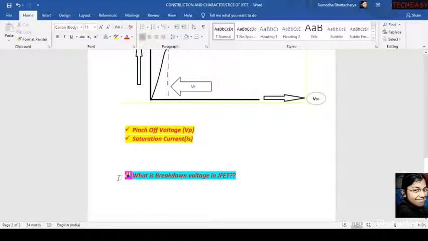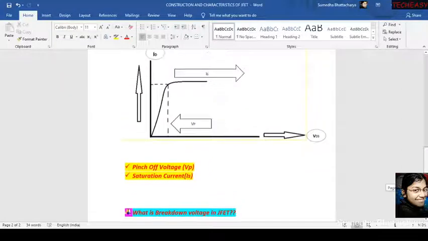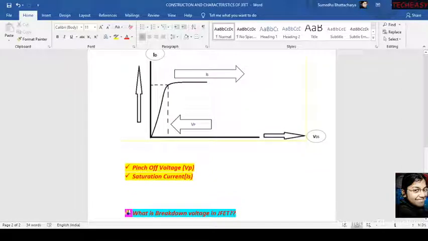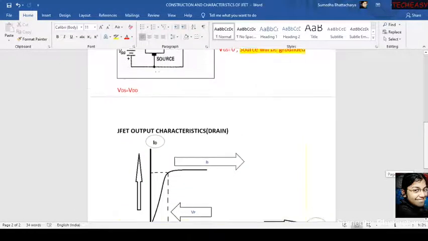I have written here this question: what is breakdown voltage in JFET? You can Google it also to clarify this more properly, but I just give you the concept of what breakdown voltage is and when it occurs in this JFET, okay?